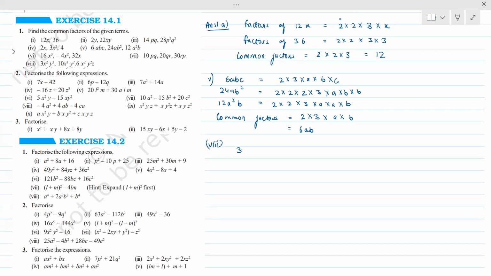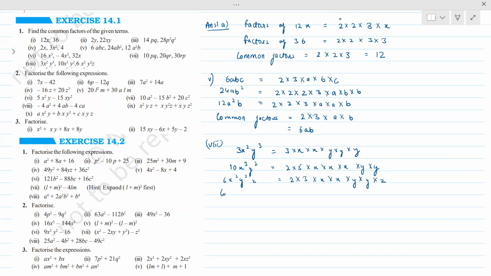The 8th part: factors of 3x square y cube is 3 into x into x into y into y into y. Then 10x cube y square, which will be 2 into 5 into x into x into x into y into y. Then 6x square y square z, so it will be 2 into 3 into x into x into y into y into z.